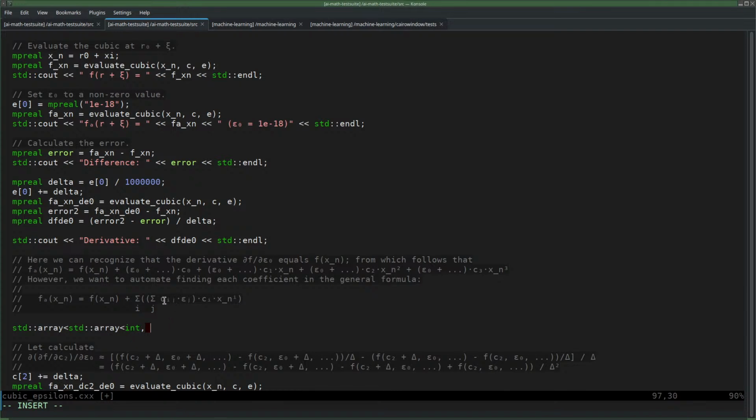And so the size of J is the number of epsilons, so that is the same as the size of E. And then the I runs over all the powers of that thing, so that it runs from 0 up till and including 3, so it must be 4, which is actually equal to the number of coefficients, obviously.